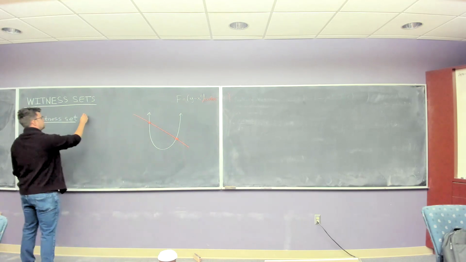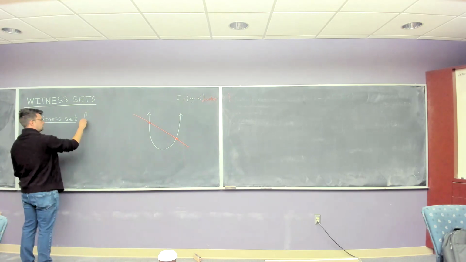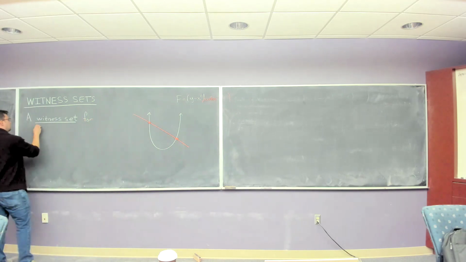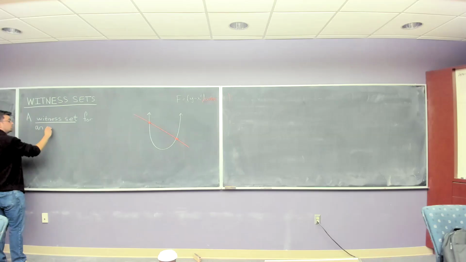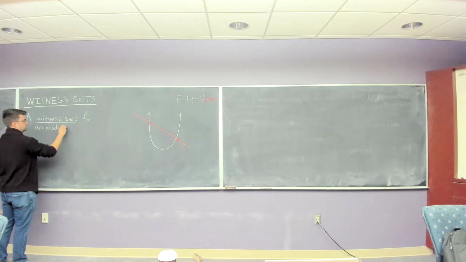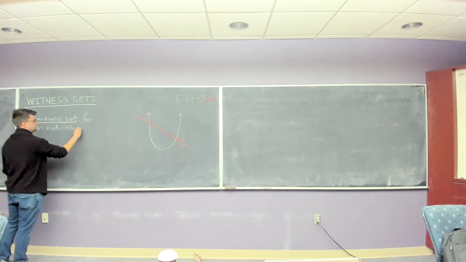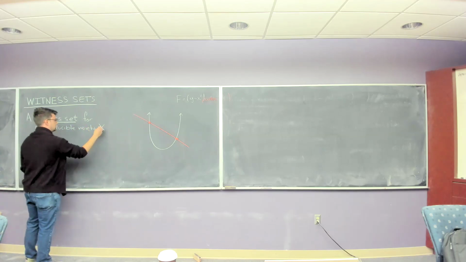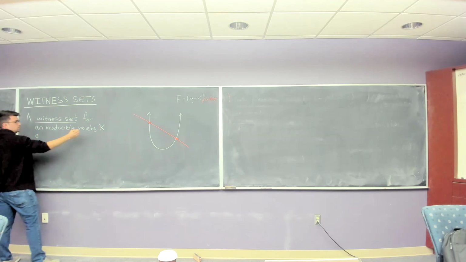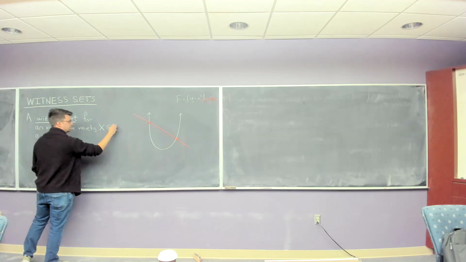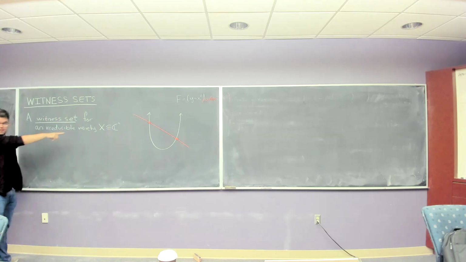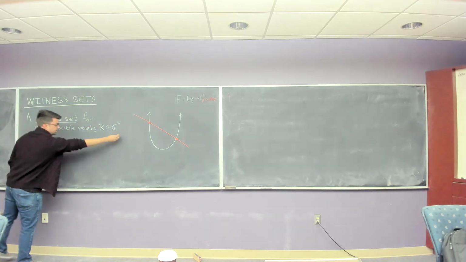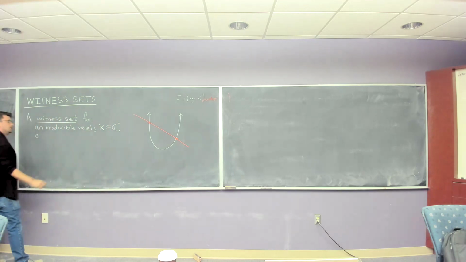So a witness set for an irreducible variety comes with an ambient space for free because we have coordinates and we have some number of variables. So we're in some C^n.